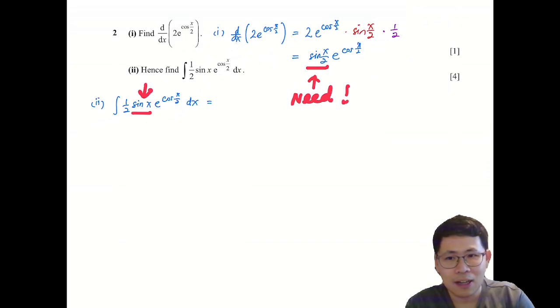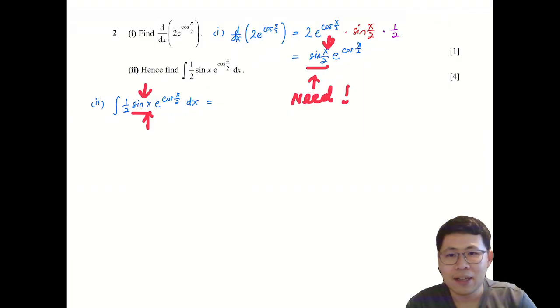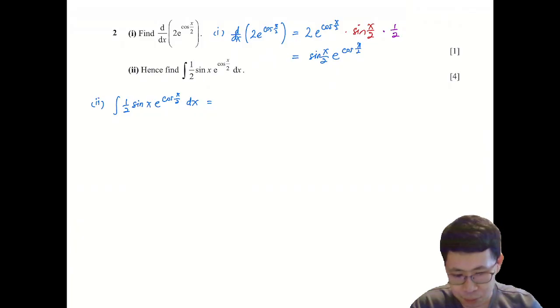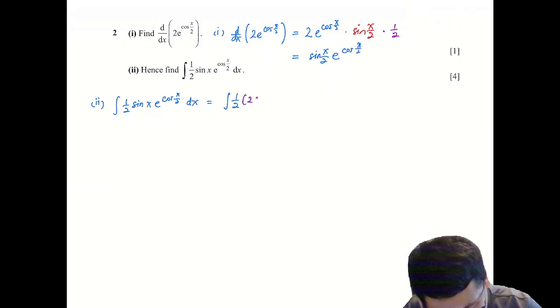So that's the question. Observe that this is x. This one over here is x over 2. So what formula or identities do you know that can change x to x over 2? This is your double angle formula. Because of this, making use of the double angle formula for sine, we can change this to 2 sine of half of the angle, cosine of half of the angle, like this.